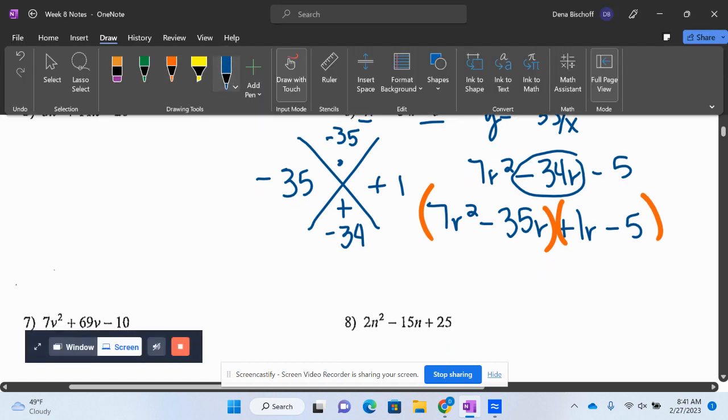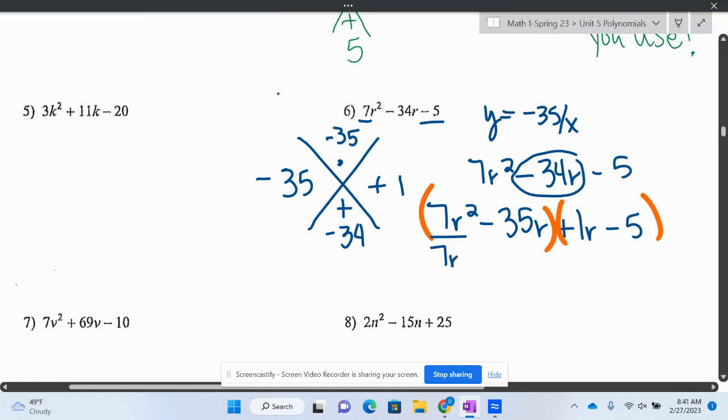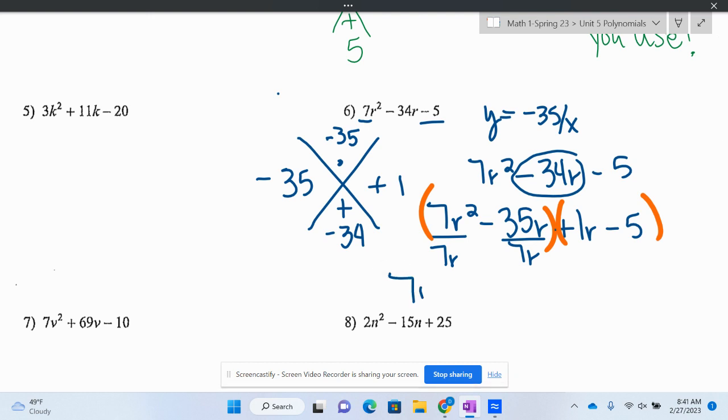So what is the common term that I can take out of the first grouping? 7r. So I'm going to pull that out front. Let's see. 7r squared divided by 7r leaves me with r. Negative 35r divided by 7r leaves me with negative 5.